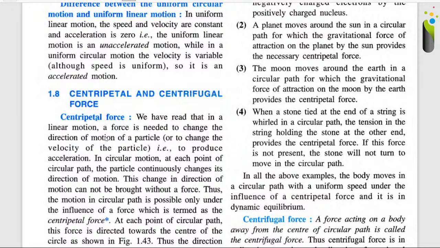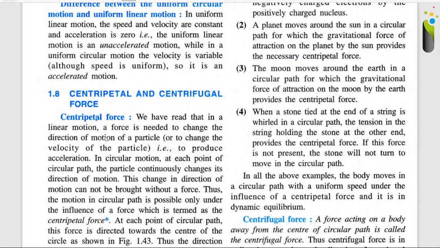A planet moves around the sun in a circular path for which the gravitational force of attraction on the planet by the sun provides the necessary centripetal force. Third example, the moon moves around the earth in a circular path for which the gravitational force of attraction on the moon by the earth provides the centripetal force.